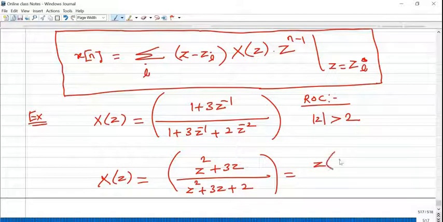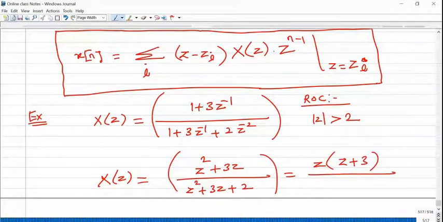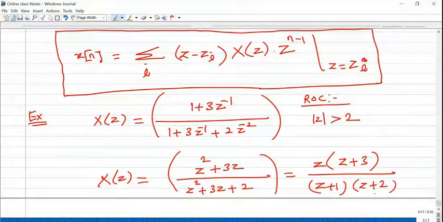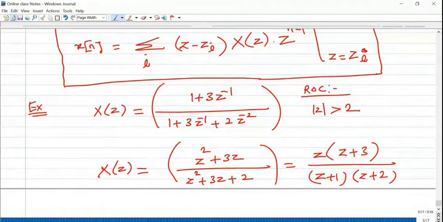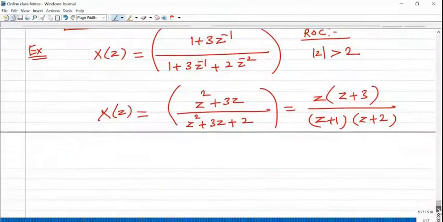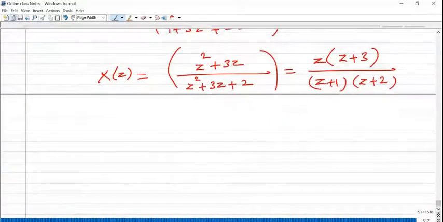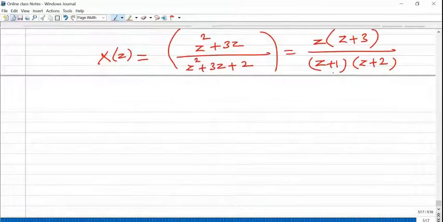So take z outside, you will get z plus 3 for plotting the zeros. And for the denominator, multiplication of two numbers is 2, addition of two numbers is 3. So that is z plus 1 into z plus 2. You will get this. Okay. So the first step in the problem, you have to convert the given X of z to this. Factorize the given X of z.